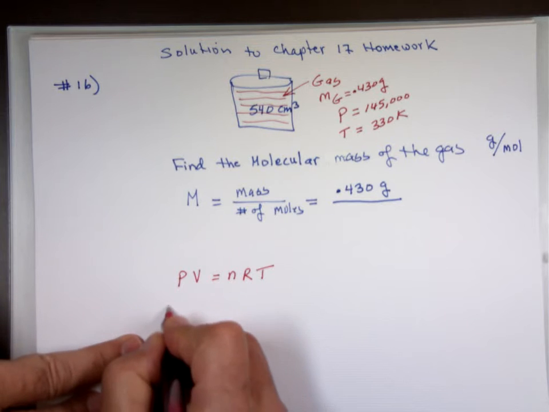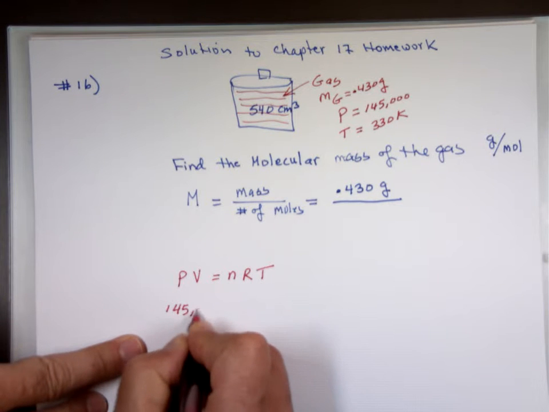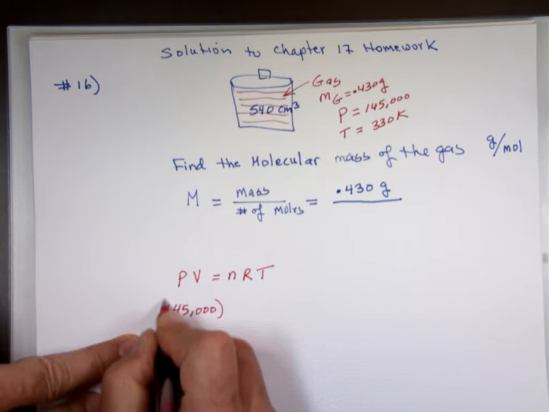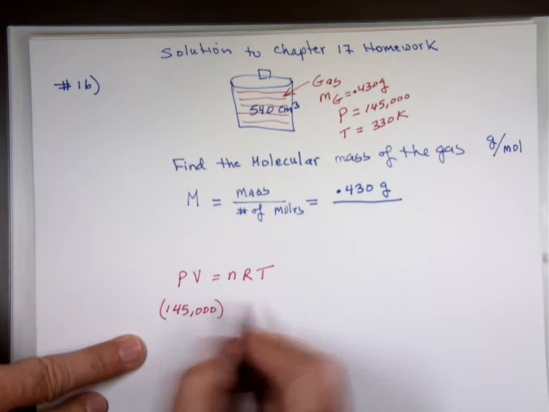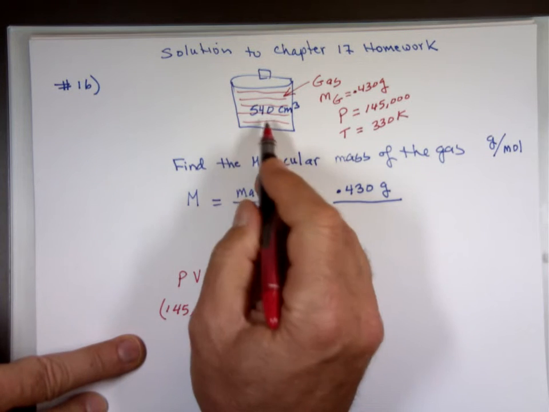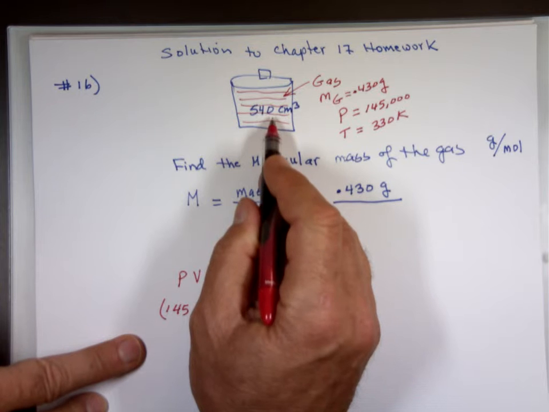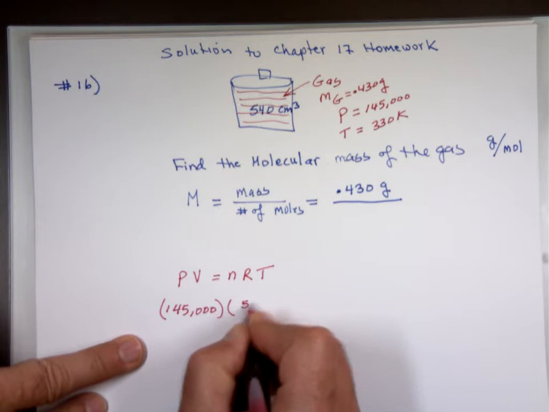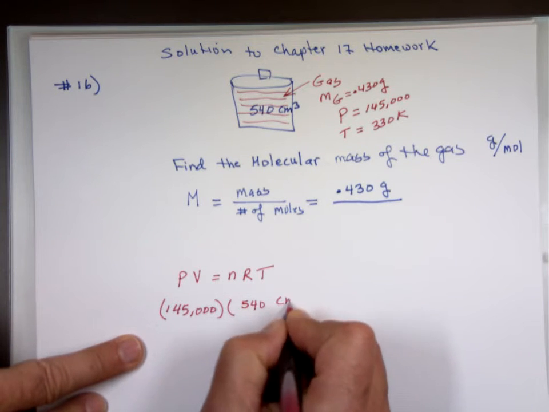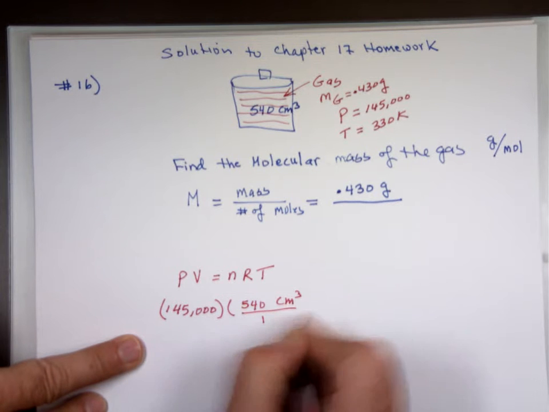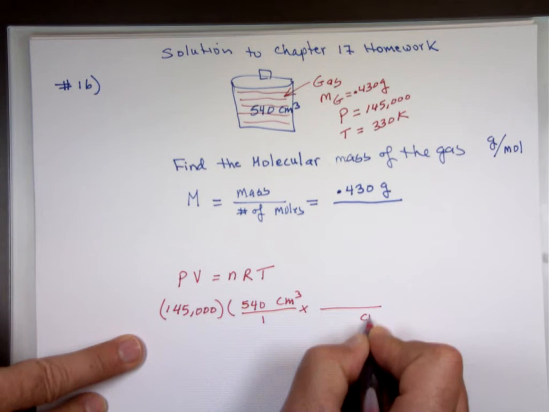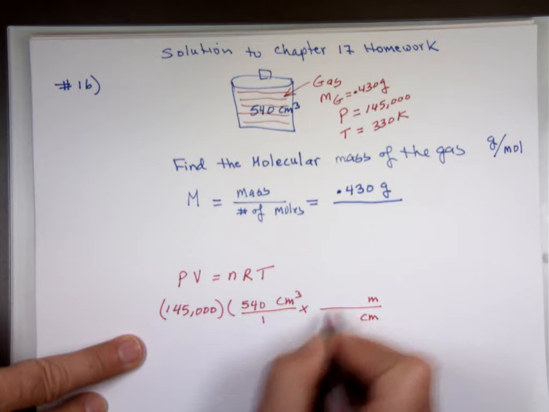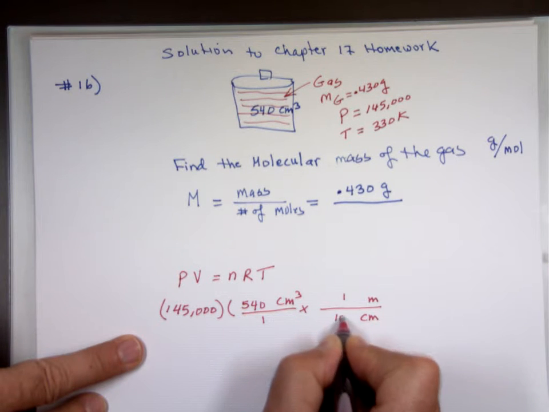P is the pressure, 145,000. V is the volume, which is in cubic centimeters, so you're going to convert it to meters. Here we go, 540 centimeter cubed. How do you convert that to meter cubed? 1 meter has how many? 100 centimeters.